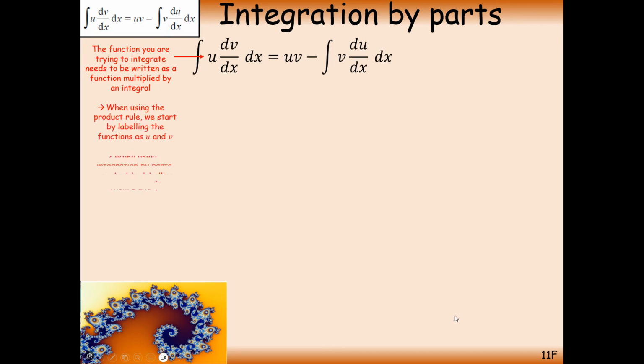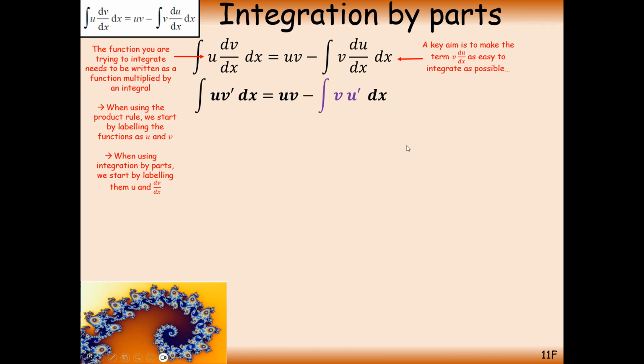This is the formula. And if you think about this, the second part there is another integral. We turned one problem into another difficult problem. I changed the terms, I just called it dv by dx, du by dx.